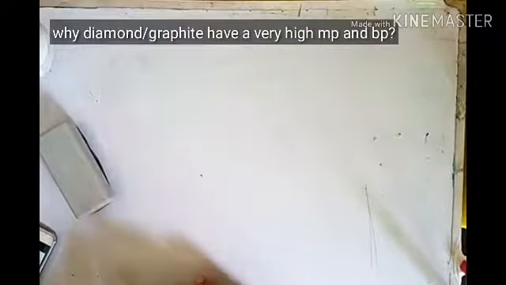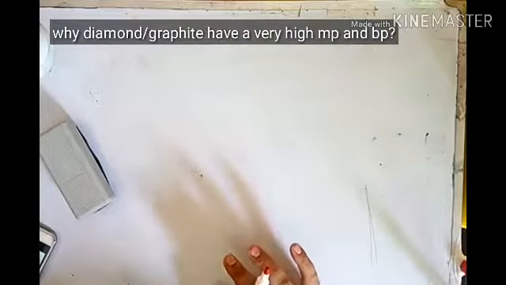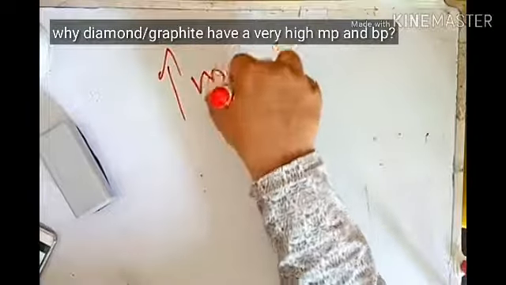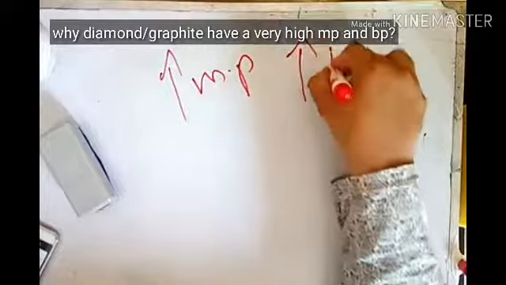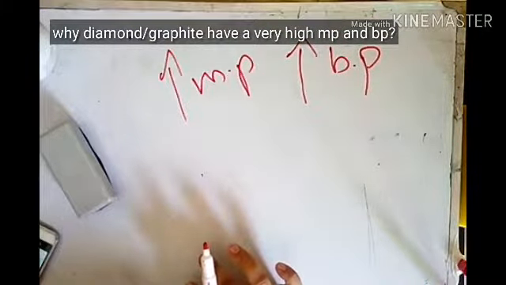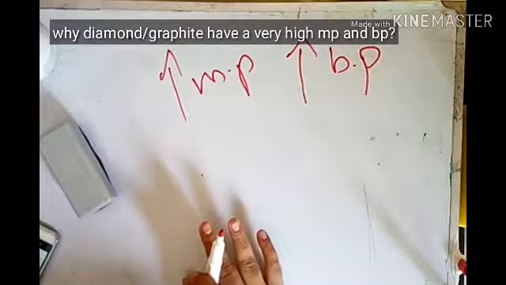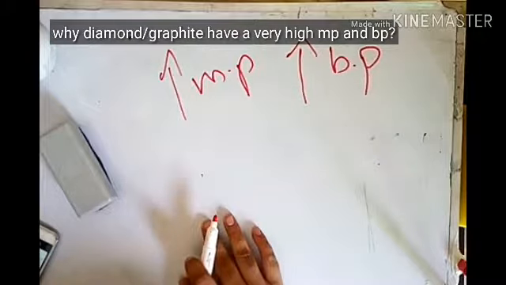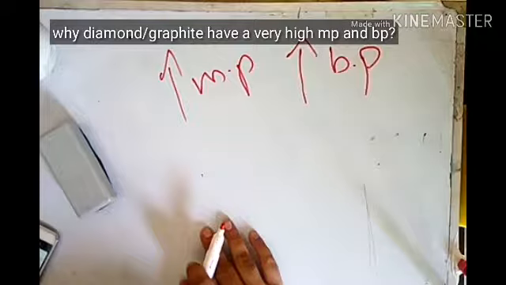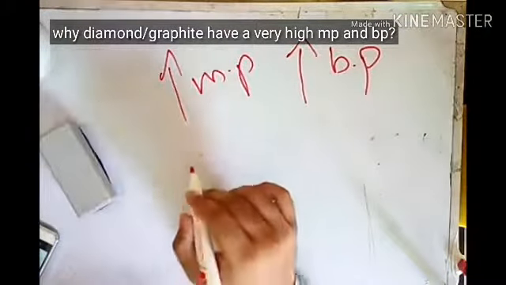Another question which can come in your exam is why graphite and diamond have a very high melting point and boiling point. Remember that both graphite and diamond have very high melting points and boiling points because a lot of energy is required to break the strong covalent bonds holding the carbon atoms together.